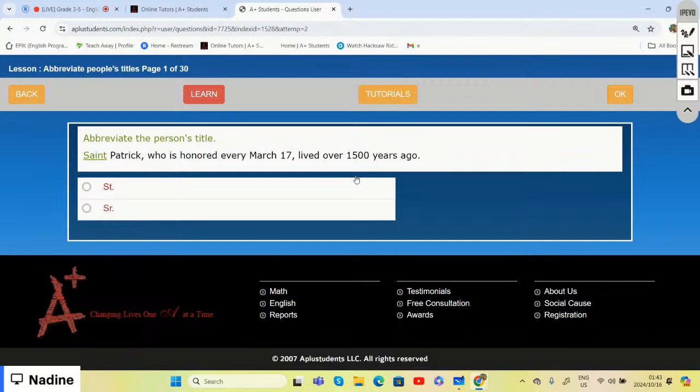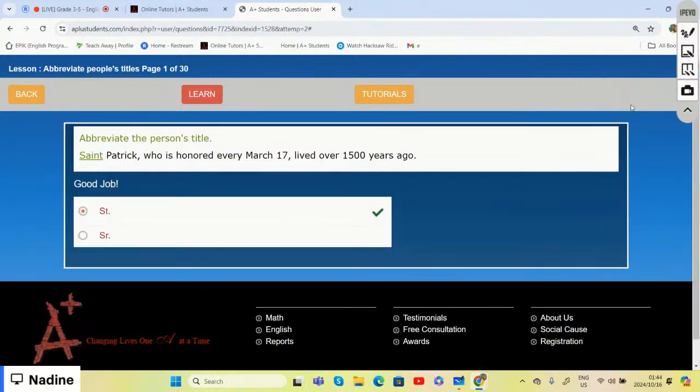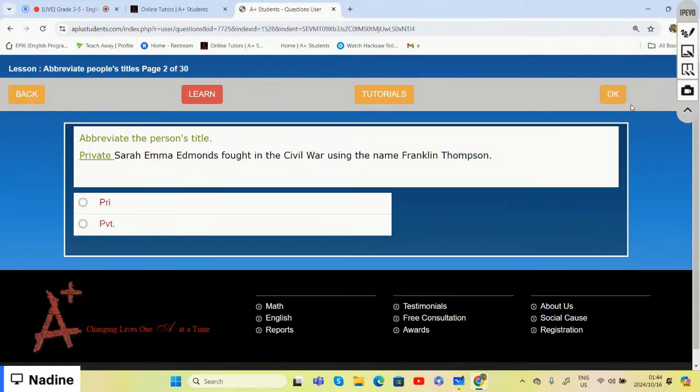So, Saint, we need to abbreviate Saint. Is it option 1, St. period, or option 2, Sr. period? If we select our abbreviation for Saint, we will go with option 1. Option two is senior. So option 1 is correct. Well done.